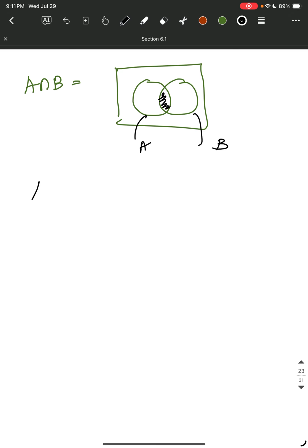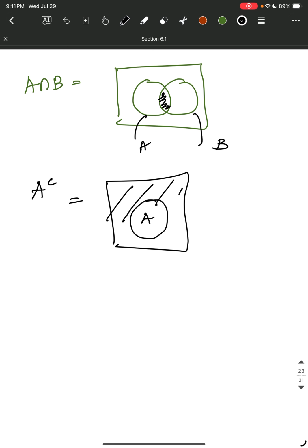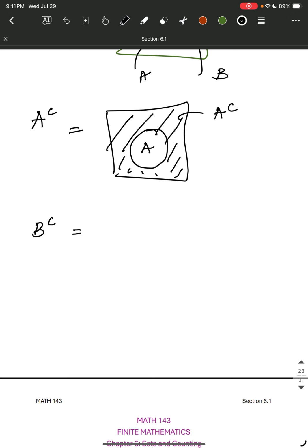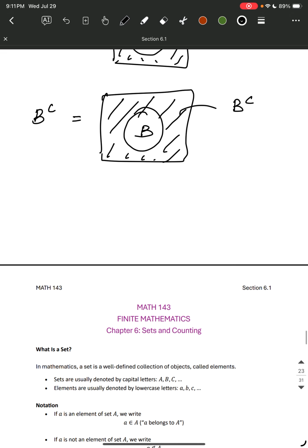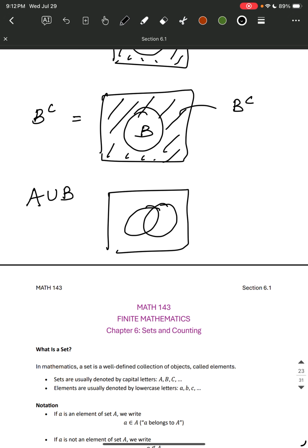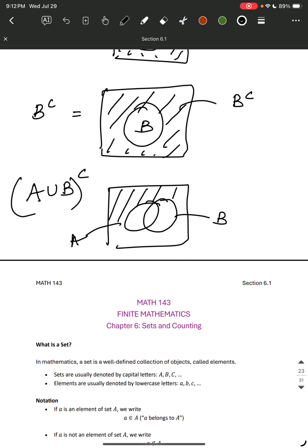A complement, so we have drawn the A here, then A complement, the outside A. B complement, B here, outside of B complement, right? So let's say we have A union B like this, A, B, then A union B complement means all outside A union B, right?